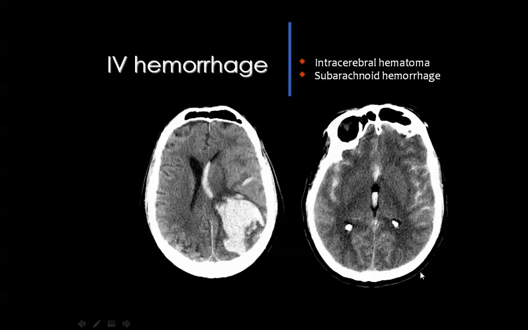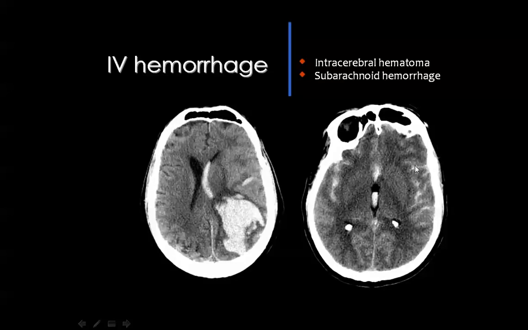Then, if you are asked what is the source of intraventricular bleeding? The commonest source is an intracerebral hematoma that has extended inside the ventricle because of its intimate relation to the ventricular wall. But another source of intraventricular bleeding is the backflow of subarachnoid blood into the ventricular system.